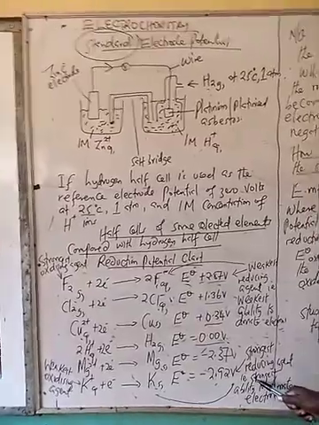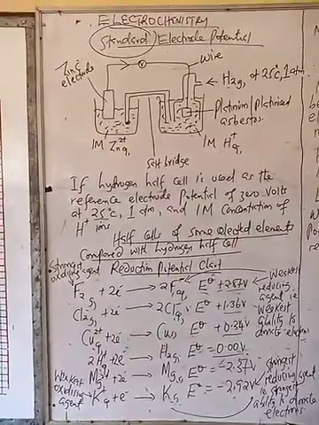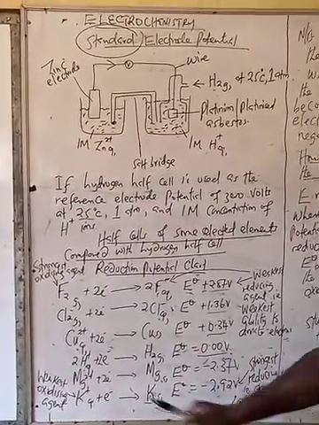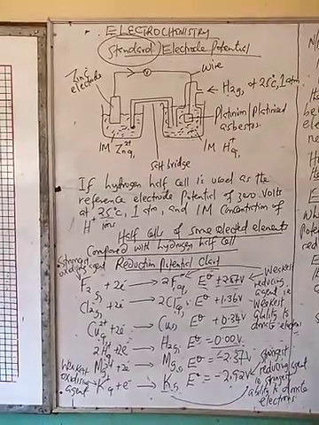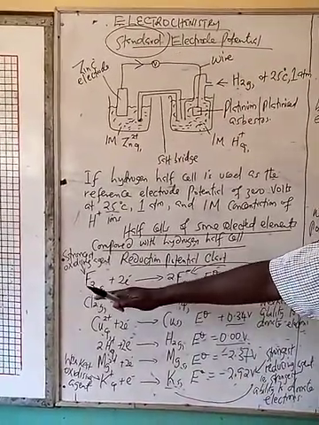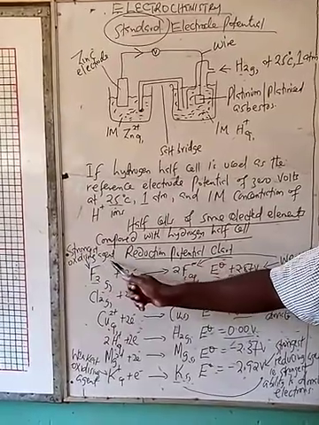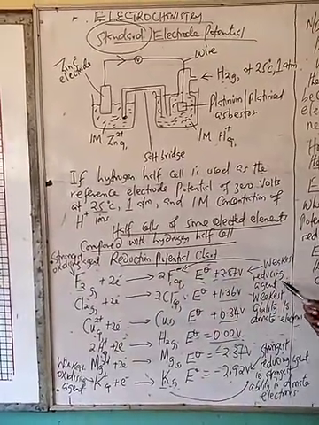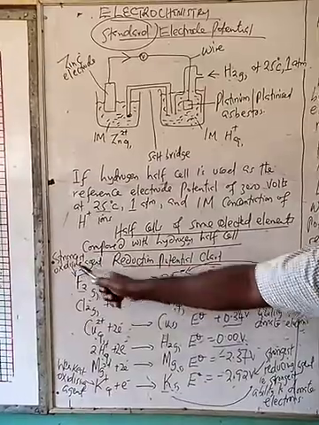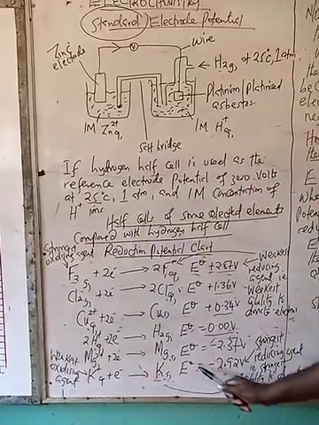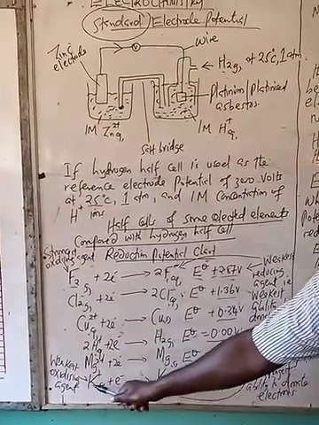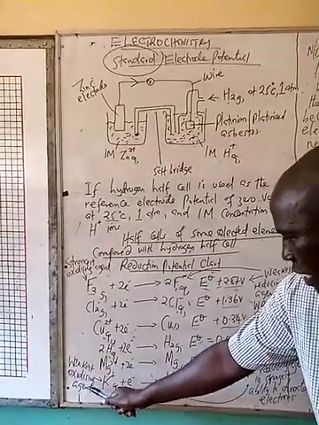That is the strongest ability to donate electrons. That is potassium as a metal. And on the other side, fluorine gas is the strongest oxidizing agent. If it is the weakest reducing agent, it means that it's the strongest oxidizing agent. And if this one is the strongest reducing agent, it means that the ion of it is the weakest oxidizing agent.